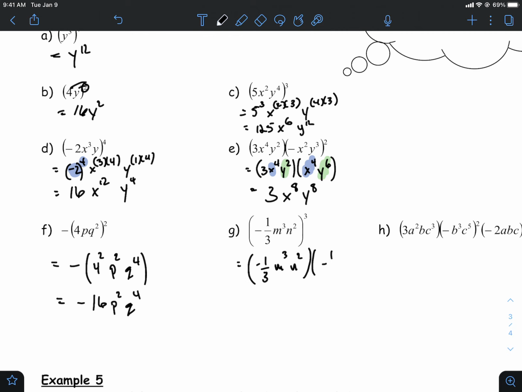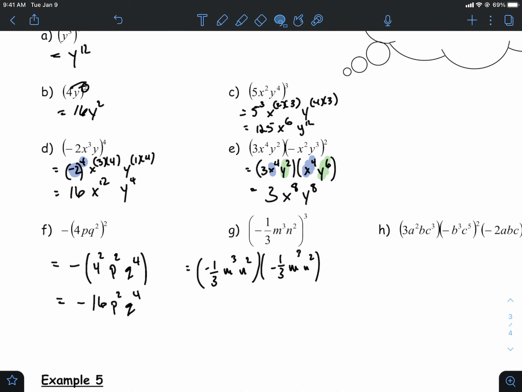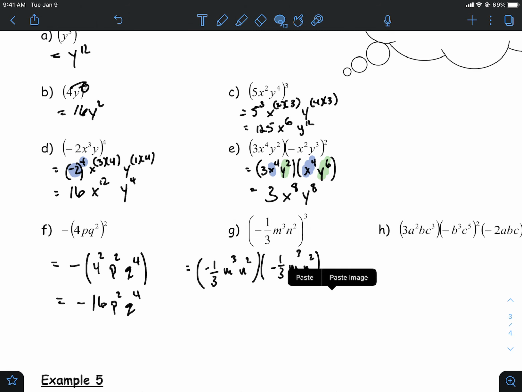Okay? I'll move it over, I got some room. Okay. Now all of a sudden when I look at that, it's not as daunting. Okay.